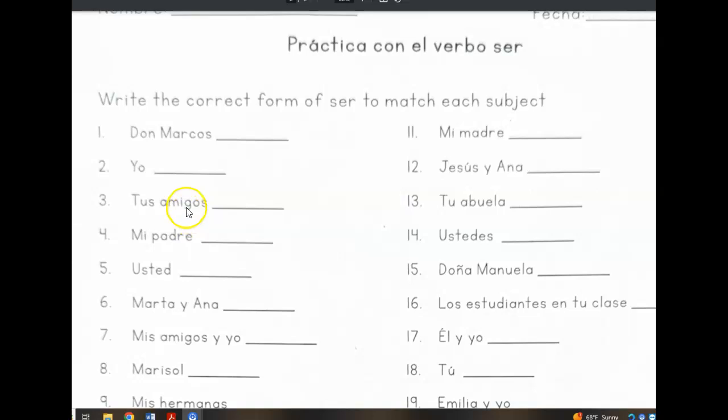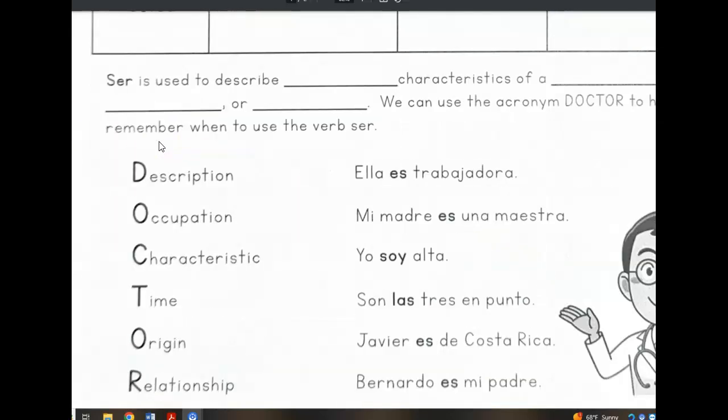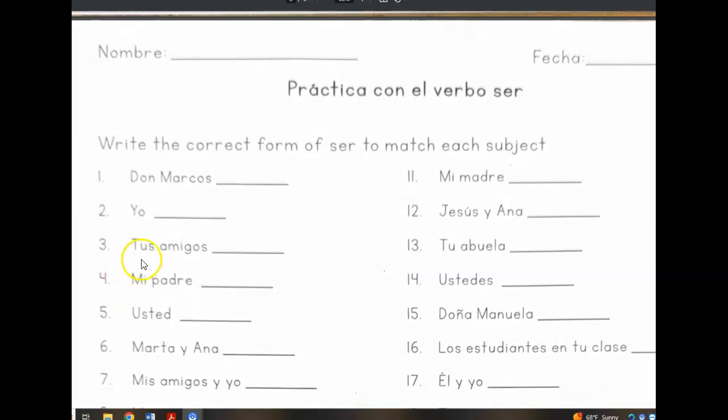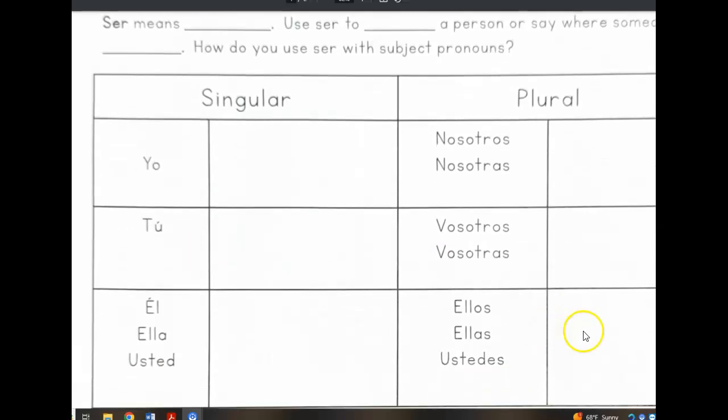Tus amigos, your friends, is a plural subject. It's different from tu. Tu means you, but tus means your. Tus isn't the subject. Amigos is the subject, right? So what conjugation would go with amigos? Well, amigos would be third person plural, right? They, ellos.